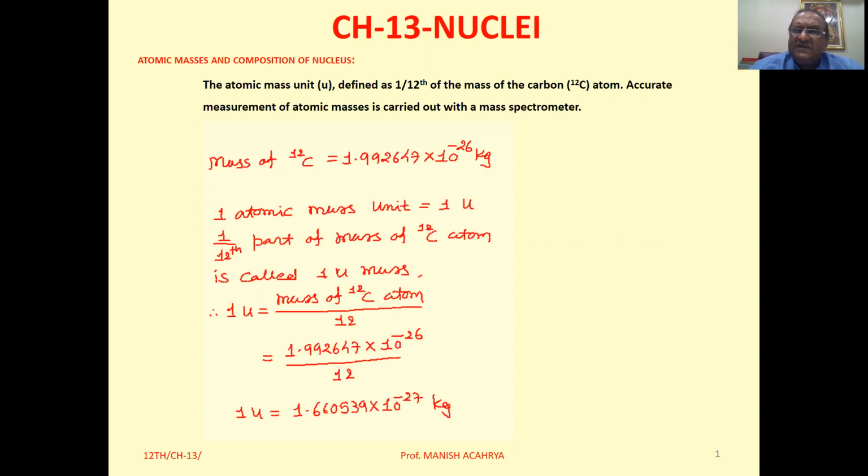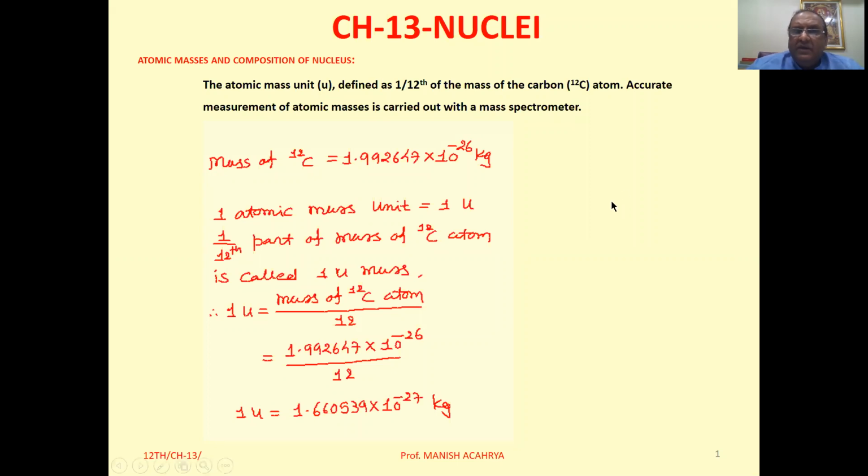It is represented by small u. And see its definition. An atomic mass unit, or 1 u mass, is the mass equal to 1/12 part of the mass of a carbon atom.